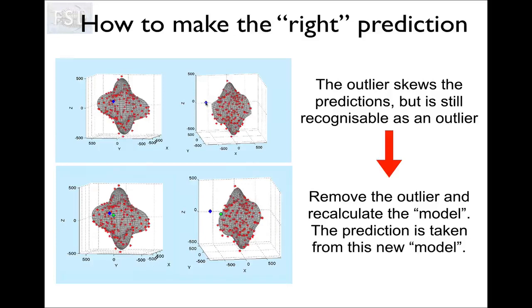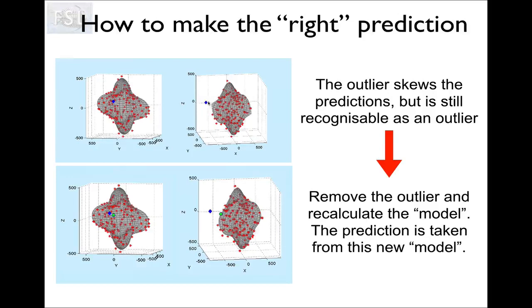So we have an outlier here, and it is far enough from the surface that it's detected as an outlier. Now we want to know what we should replace this outlier value with in this particular voxel. If you look at the prediction here, it has actually been affected by the outlier. It's pulled out like a little nose on the predictions. So we don't want to replace it with that value.